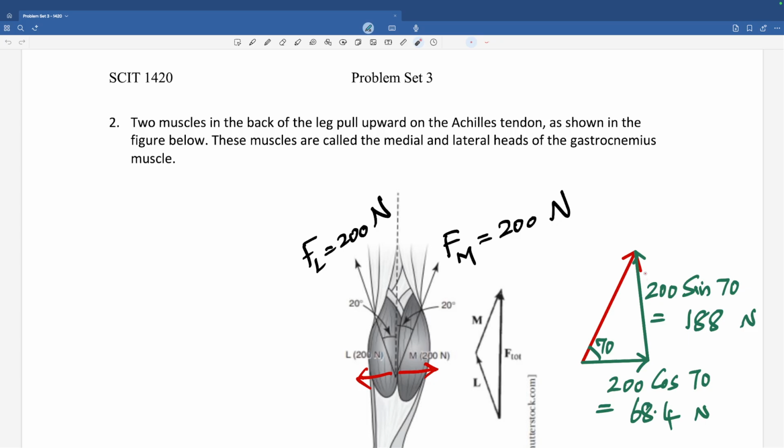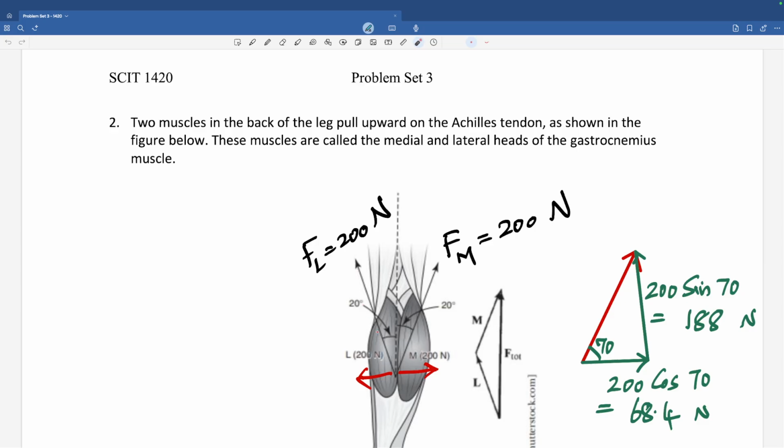Now the y component, because that's on the y-axis, would be 200 sine 70. So that would be 188 newtons. That's all we need to do. But once we do that to this F sub M, we could do the same to F sub L on the left side.